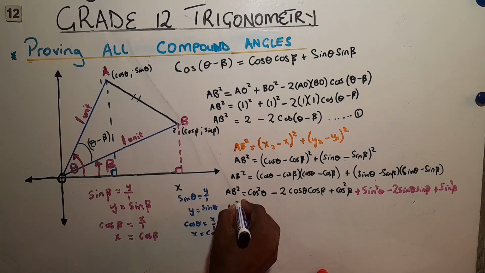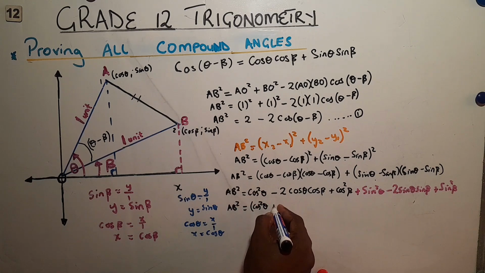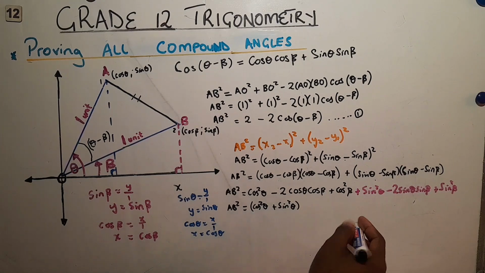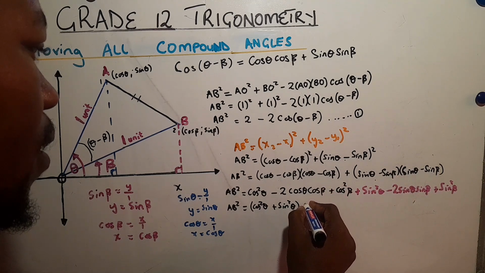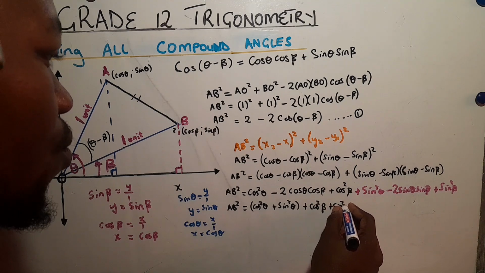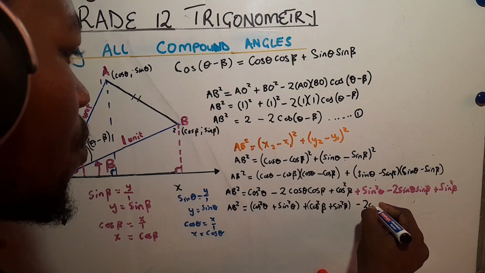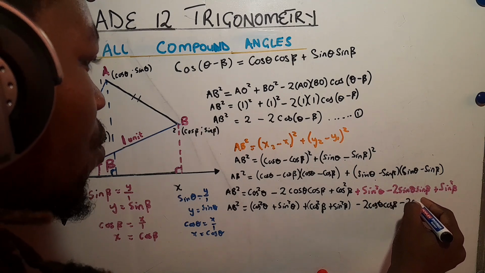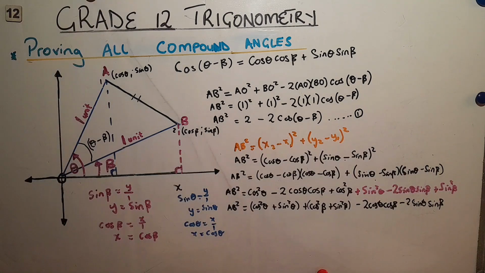Our AB squared simply becomes cos squared theta plus sine squared theta, plus cos squared beta plus sine squared beta, and now we have minus 2 cos theta cos beta and minus 2 sine theta sine beta, right?